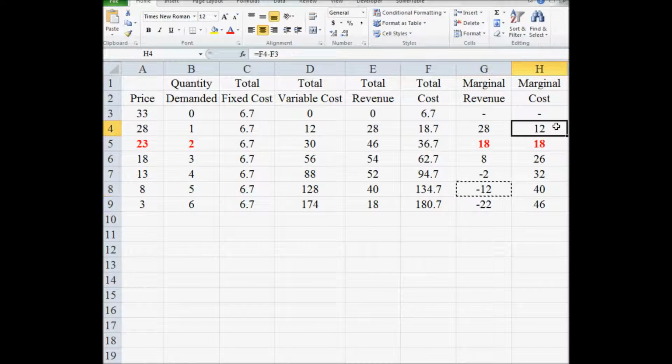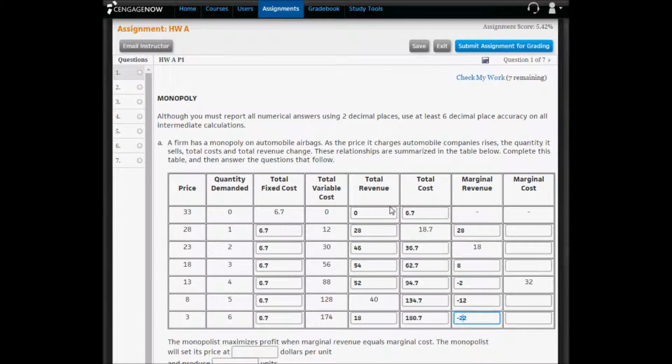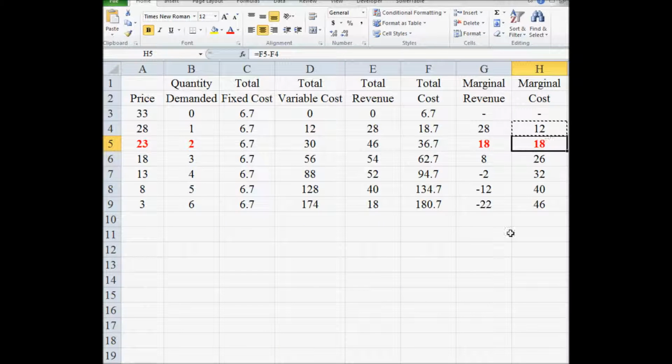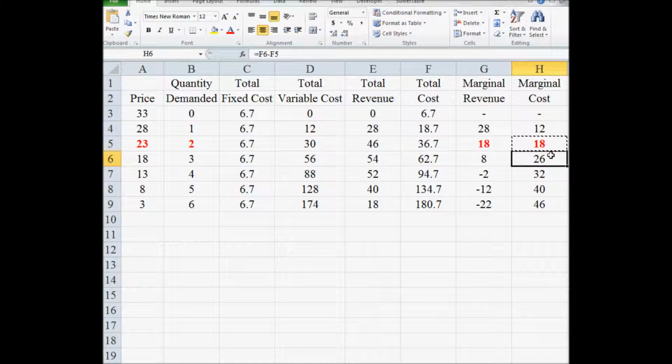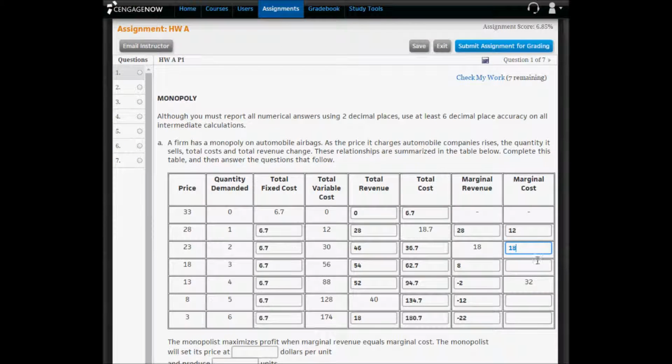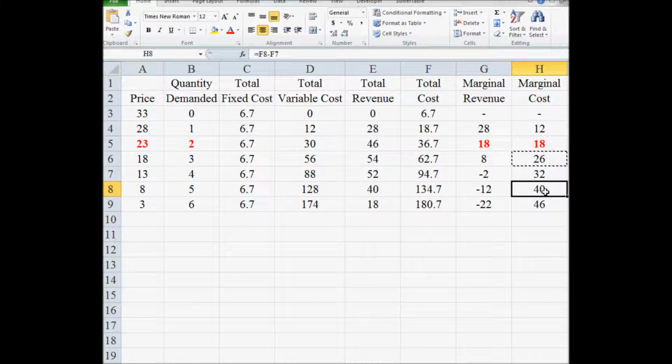Marginal cost is the increase in cost when output is increased by 1 unit. I don't copy the 32 because it's already in Cengage Now.